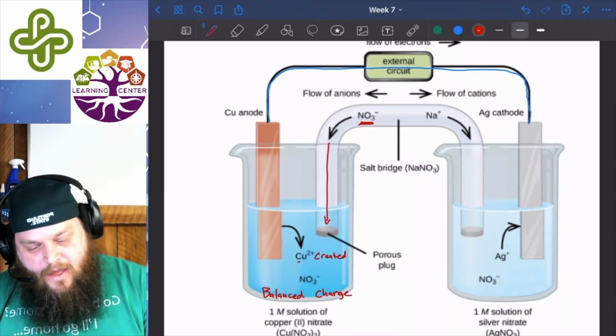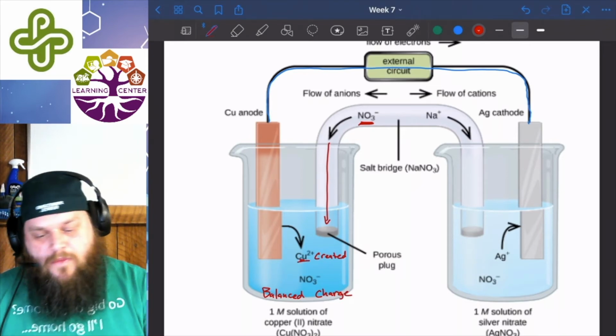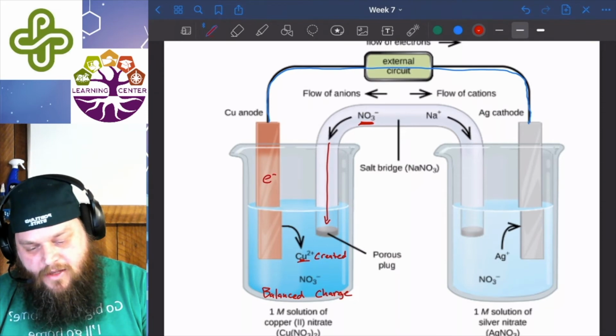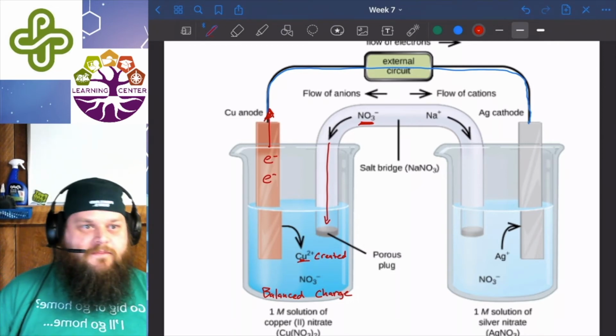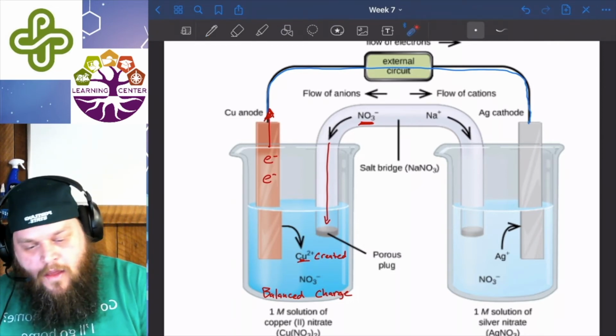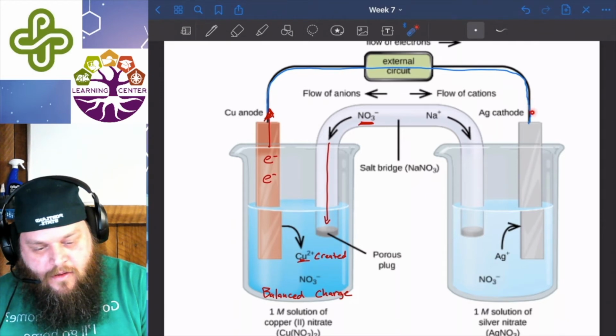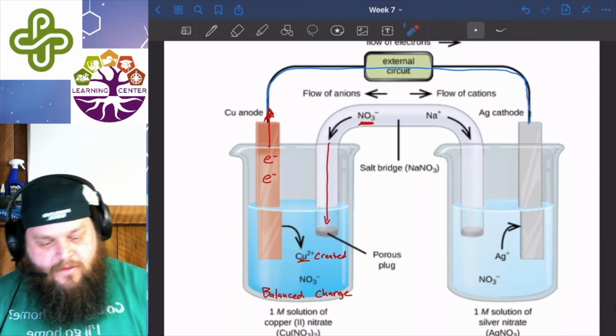But when this became copper 2+, we lost electrons. There's some electrons that were here, and they took off down this path through that circuit. And they followed this circuit around, ending up over here on the silver side.